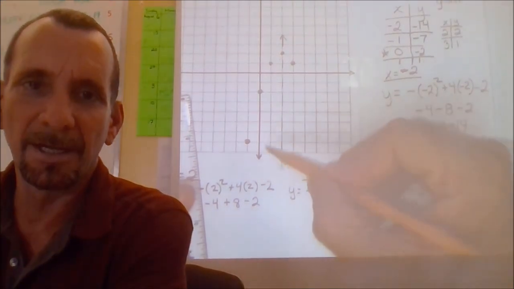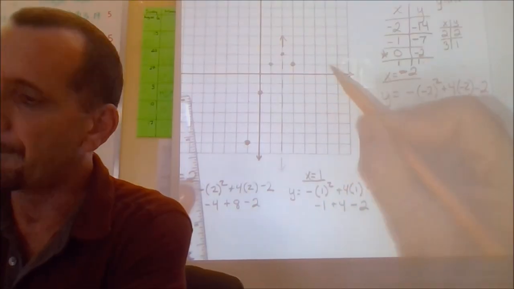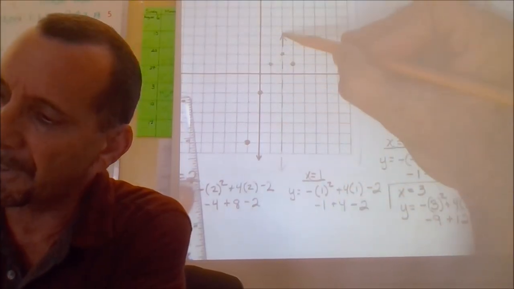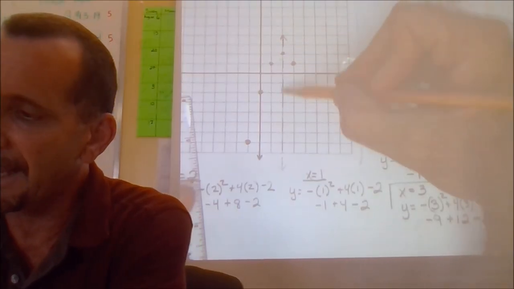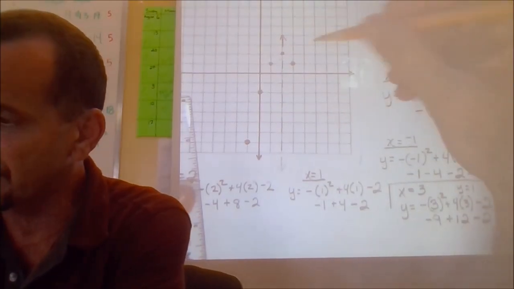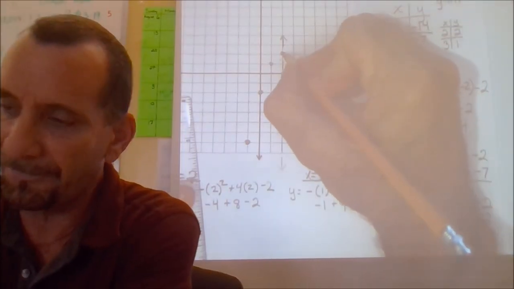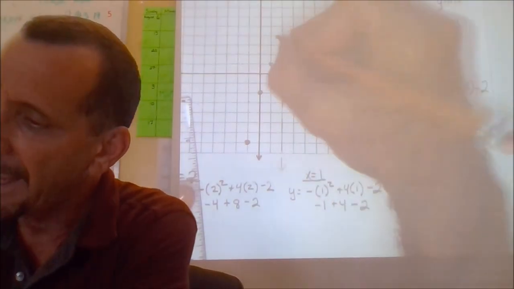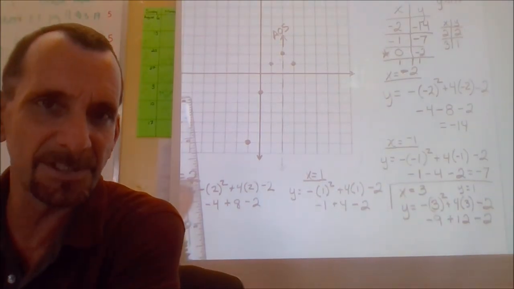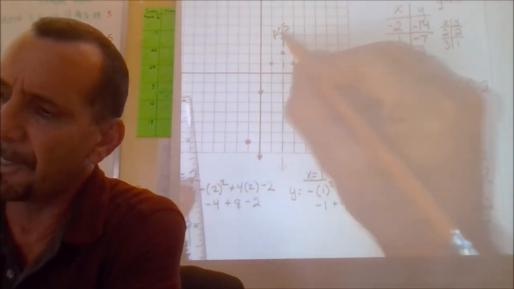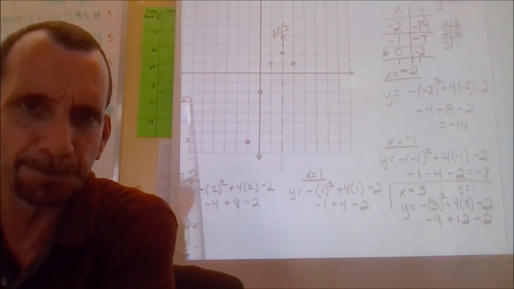This parabola is symmetrical about the axis of symmetry, which is a vertical line that cuts right on down through the vertex. So this is our maximum value of the parabola, and this is our AOS, the axis of symmetry. And you can just label it AOS and we'll know what that is.